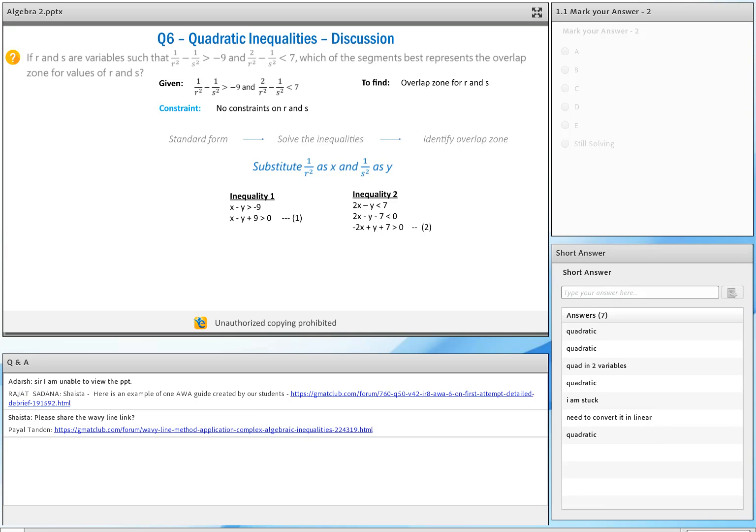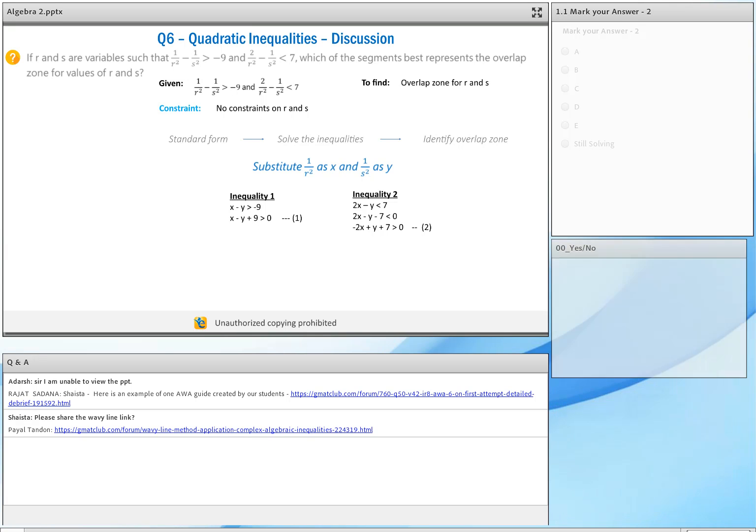How many of you converted the given inequality into a linear inequality? Okay, so less than half of the class did that. That is step number one that you should have done. And this process skill is called simplification.